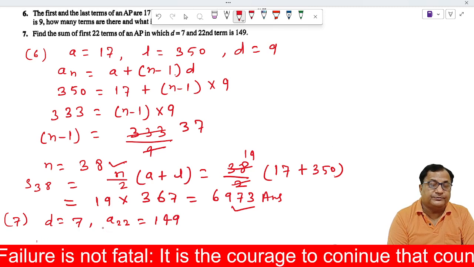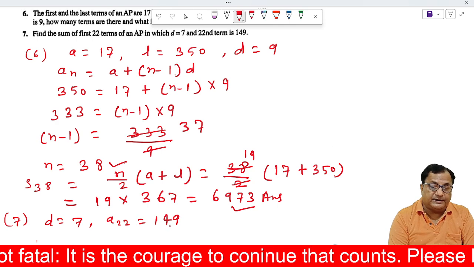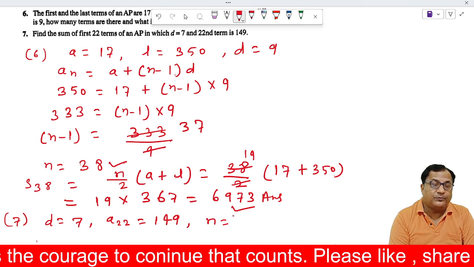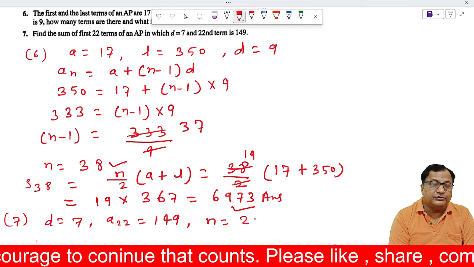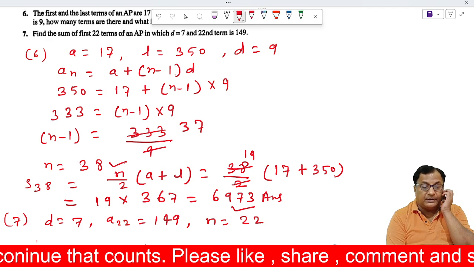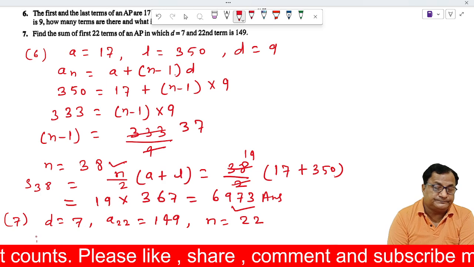Only this is given. We have to find the sum of 22 terms. n is equal to 22 is given, and we have to find the sum, Sn.